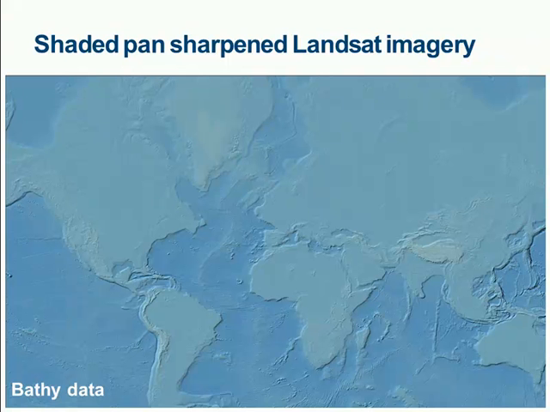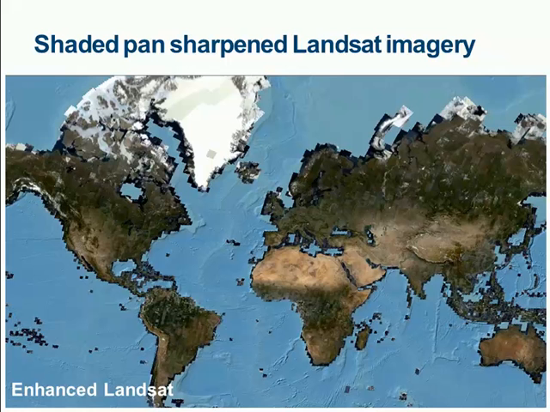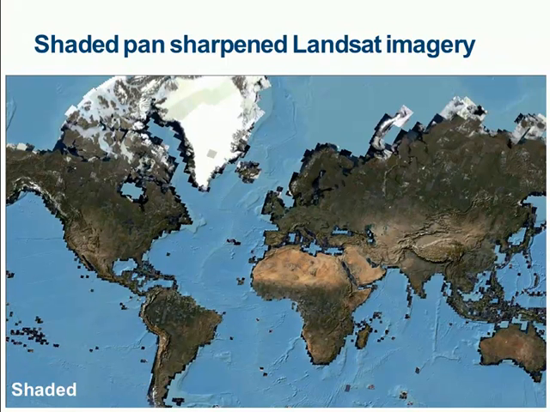Okay, let me go ahead and give you just a quick view of a shaded and pan-sharpened Landsat image product. This begins with a bathymetric map. On top of that, we add the enhanced Landsat that I was mentioning. That was then fused with the hillshade from the World Elevation Services.